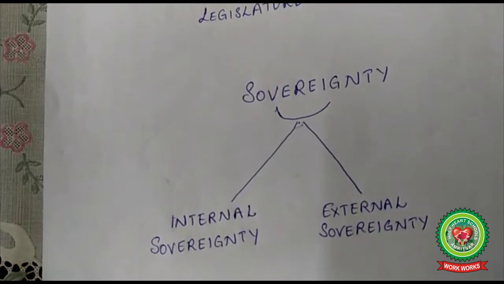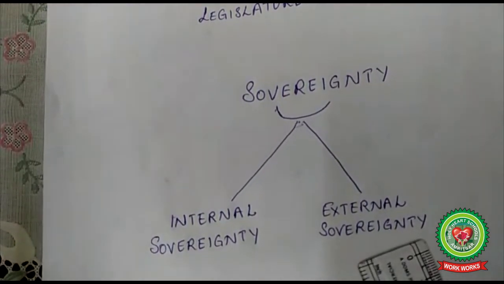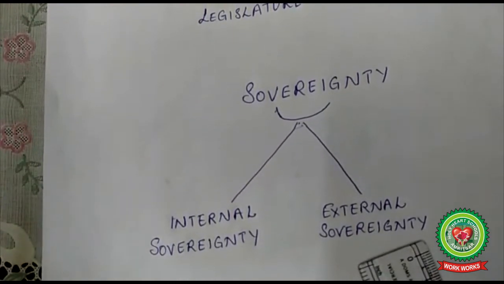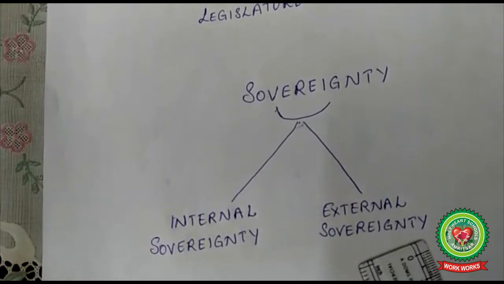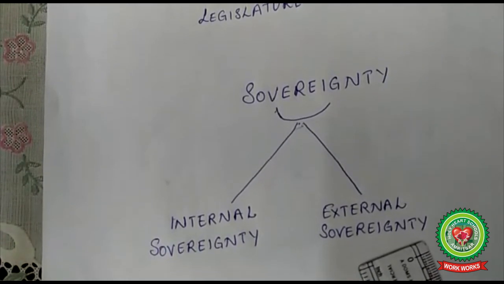After internal sovereignty, I will discuss external sovereignty. It means complete independence of the state from external control. It also means freedom of the state to have its own foreign policy.